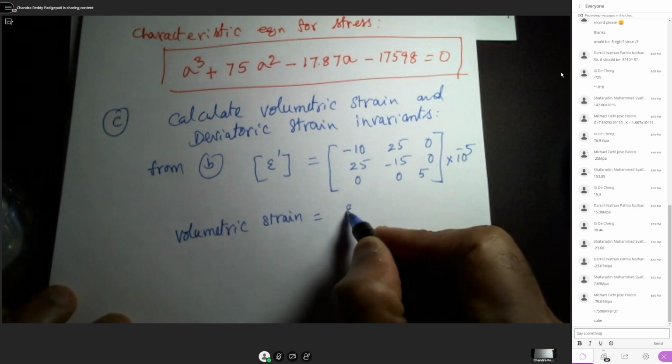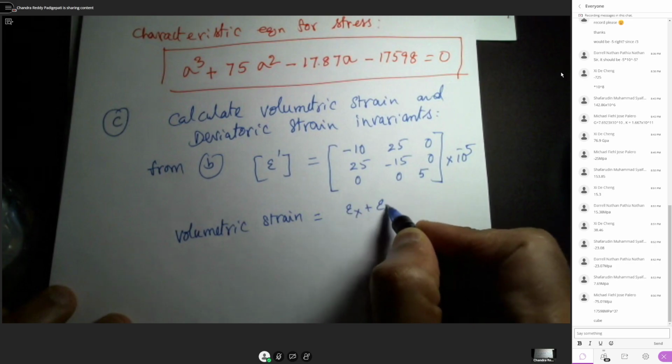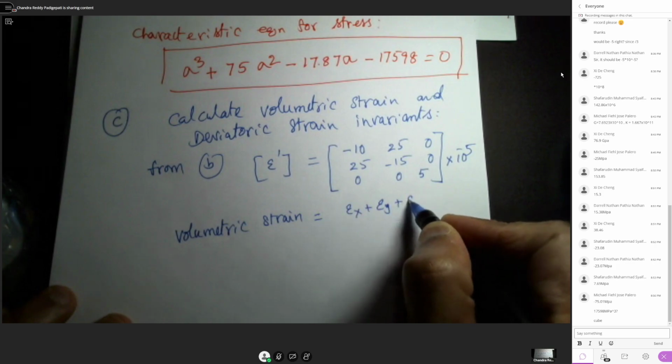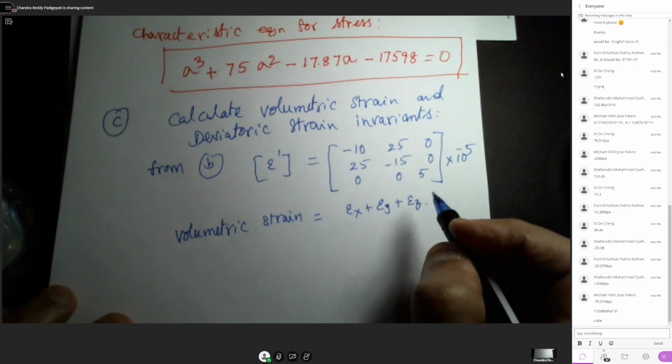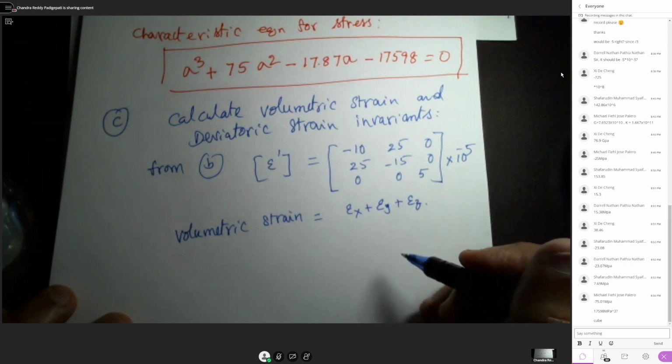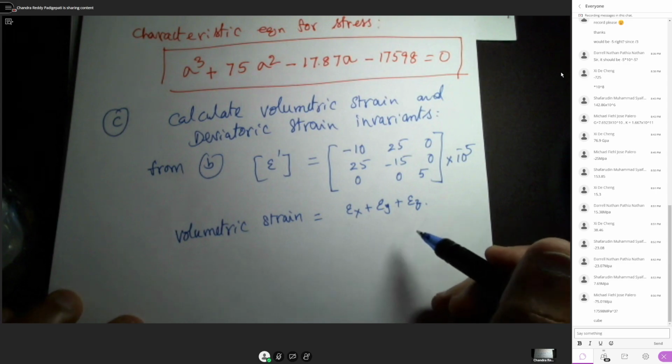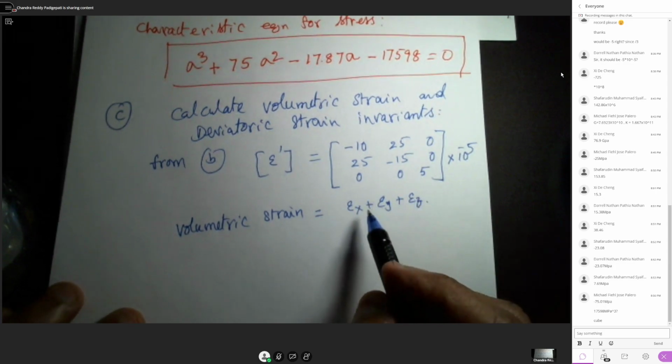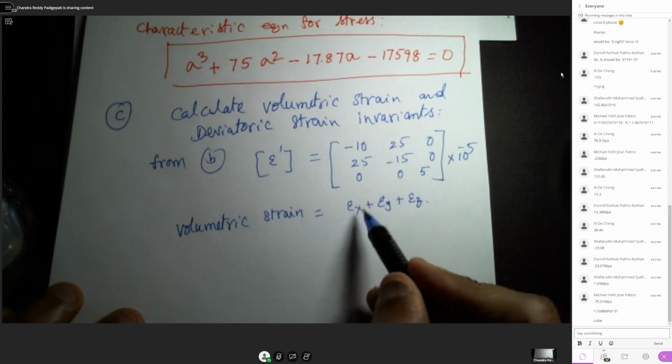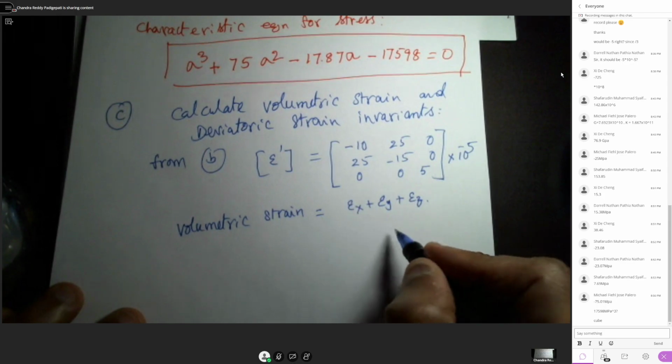Once you get this, the volumetric strain will be simply epsilon x plus epsilon y plus epsilon z. This is from the main strain tensor.